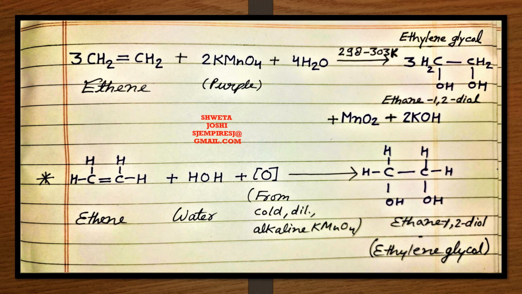So after reaction of ethene with purple colored potassium permanganate in the presence of water, we are going to obtain ethylene glycol, and its IUPAC name is ethane 1,2 diol. Basically in this reaction, we have to add the OH-OH part across the carbon double bond.